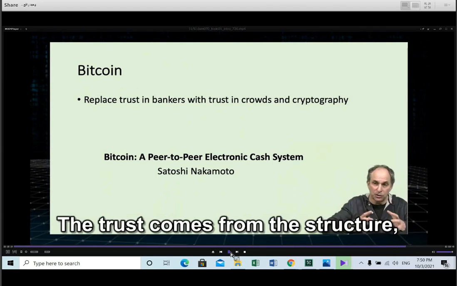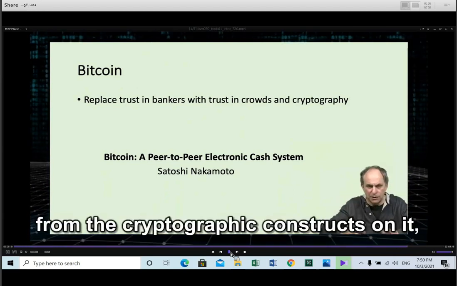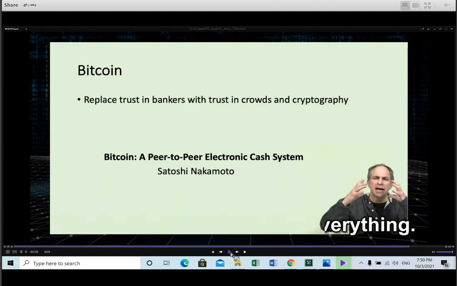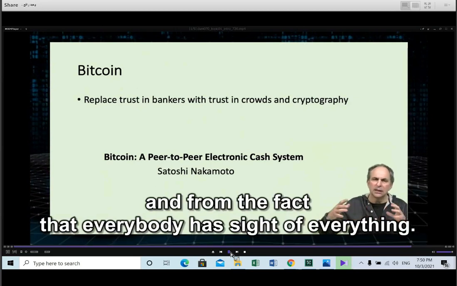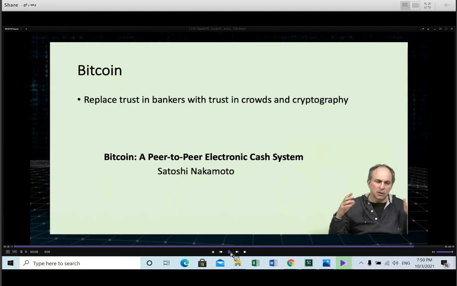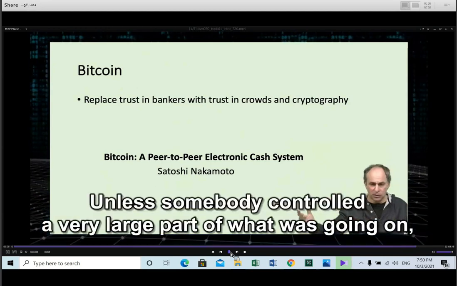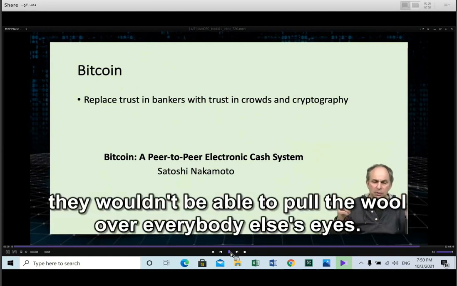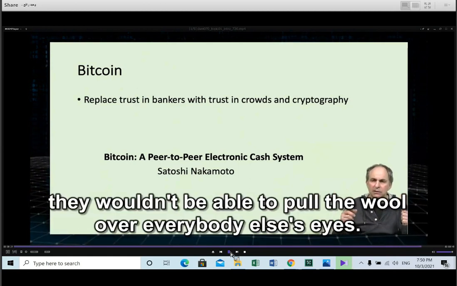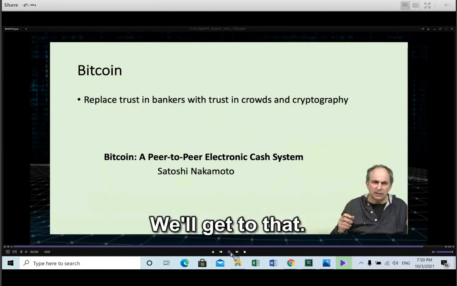The trust comes from the structure, from the cryptographic constructs on it, and from the fact that everybody has sight of everything. So somebody wouldn't be able to pull the wool over everybody else's eyes. So we'll get to that.